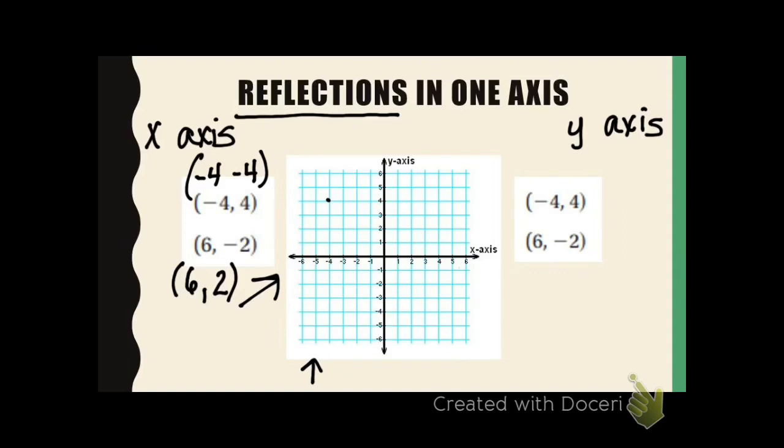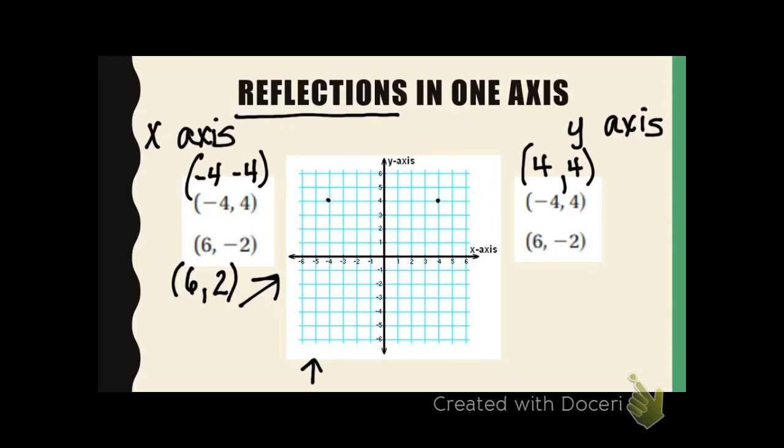I'm going to fold my paper in half the long way. The y-axis is going to become my fold line. So I'm going to keep my y the same because I'm in the y-axis. I change the sign in front of my x. So now I'm going to go over to +4 and up to 4. Did I make a mirror image? Sure I did.